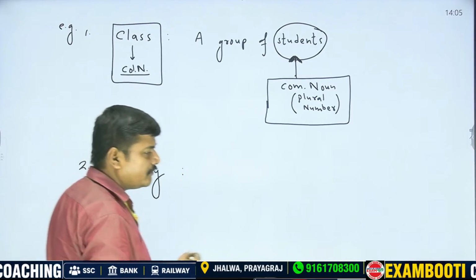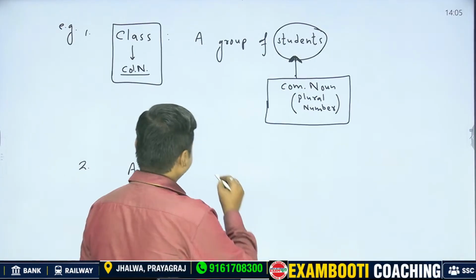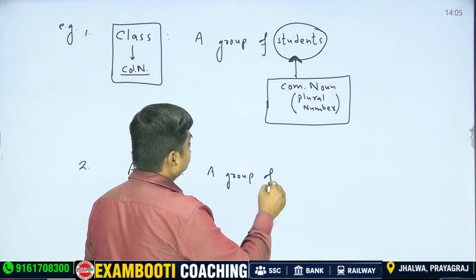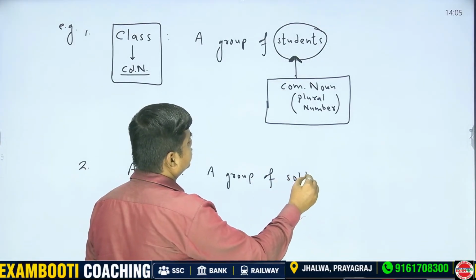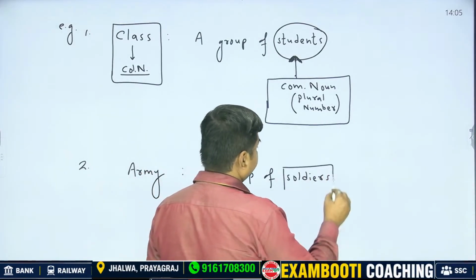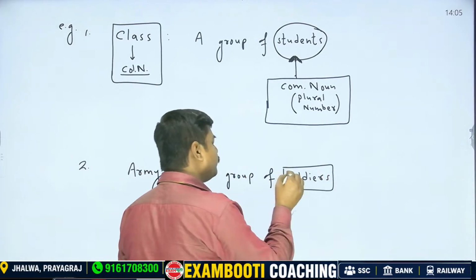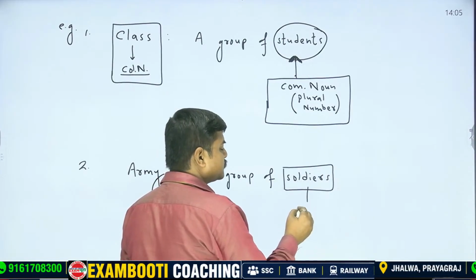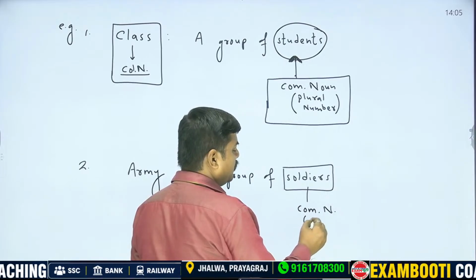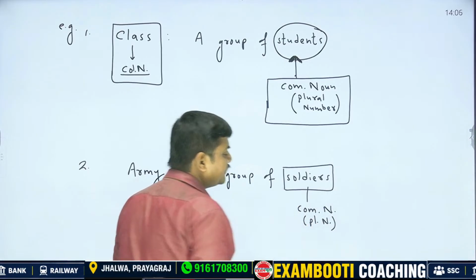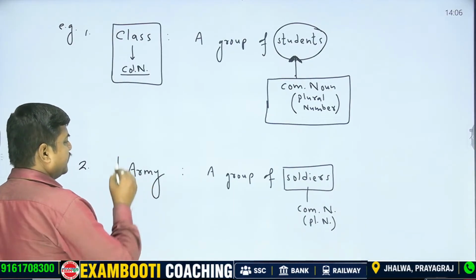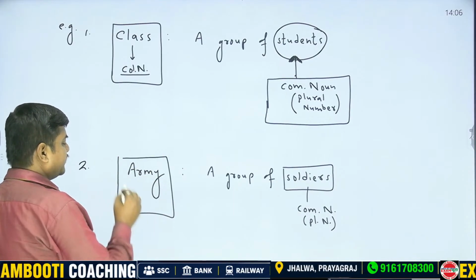When we say army, it means a group of soldiers. Again, you will see the same pattern. A group of what? A group of soldiers. Soldiers is actually a common noun, and common noun in plural number. And here, army is a collective noun.